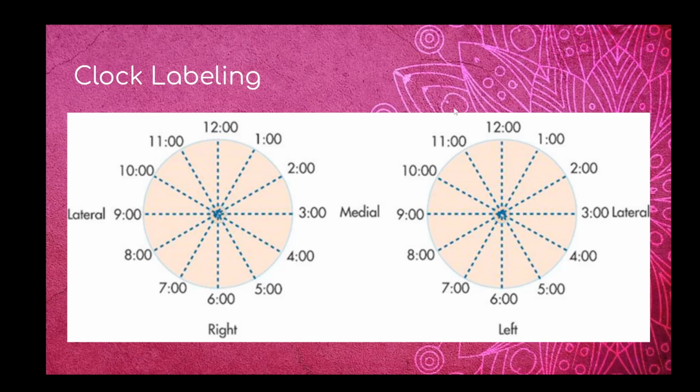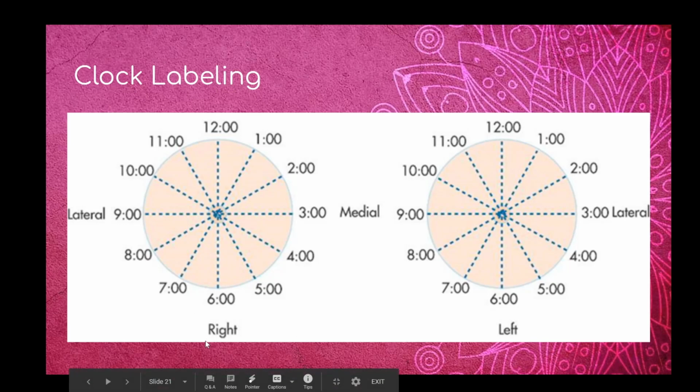So noon is noon. 1 is upper outer quadrant on the left, but 1 is upper inner quadrant on the right. So keep that in mind, that they don't flip-flop, they don't mirror one another. So in that case, medial can be 9 o'clock or 3 o'clock, and lateral will be 9 o'clock or 3 o'clock as well. It all depends again on what breast we are imaging, so that's why we want to make sure that we get that breast labeling down first.